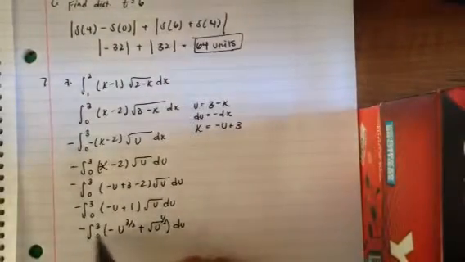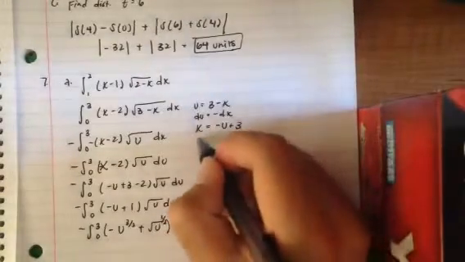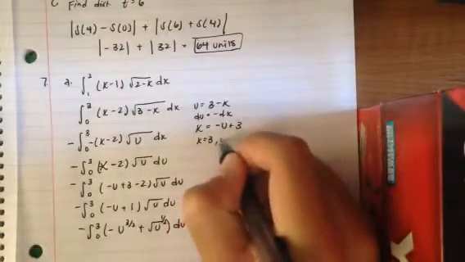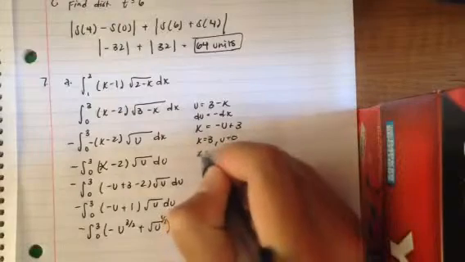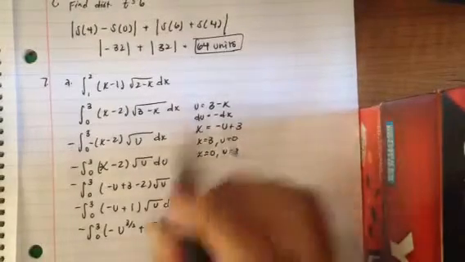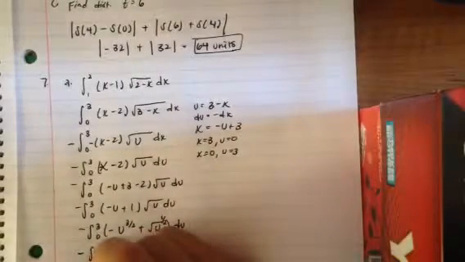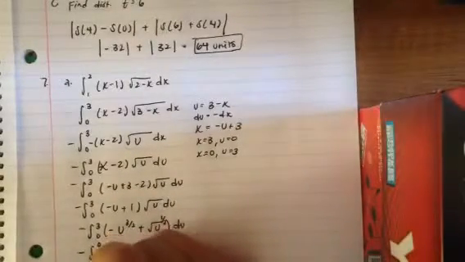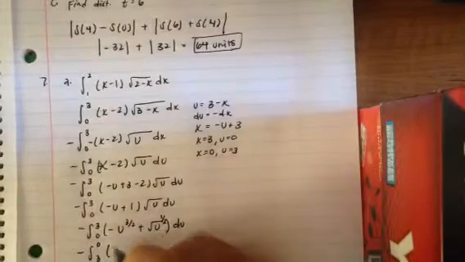But then our values here are for x, so when x equals 3, u equals 0, and when x equals 0, u equals 3. So now we have this, just kind of flipped it.